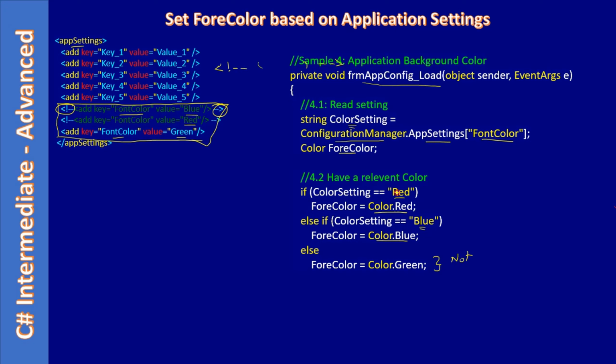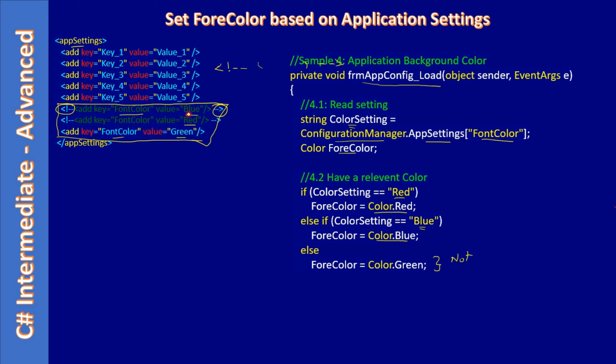It is good to always check the color value. At this moment we have only three values. Suppose the end user, the site administrator, or the production user adds a new font color, and the value instead of green, if they specify maroon, the green color will be applied here, right?